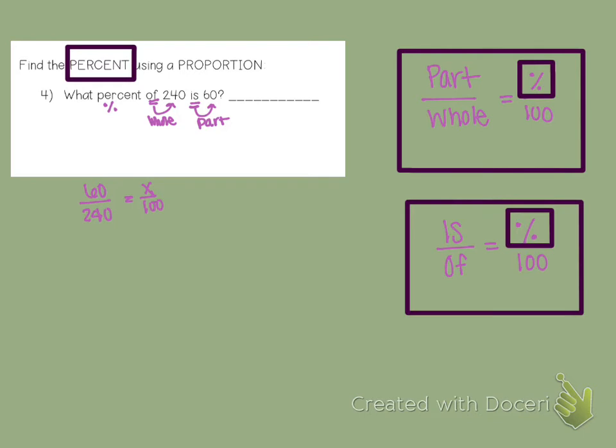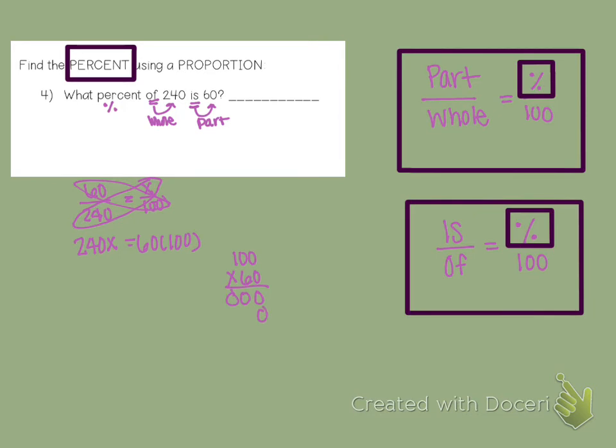Okay, so then of course, we cross multiply here. 240x equals 60 times 100. Okay, so 100 times 60. 0 times 0 is 0, 0 times 0 is 0, 0 times 1 is 0.